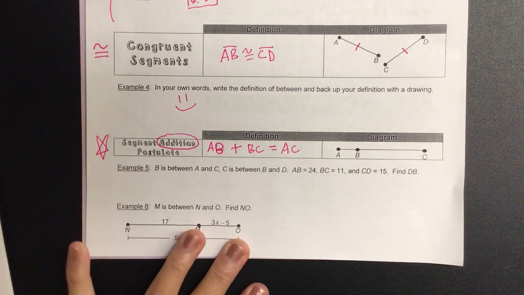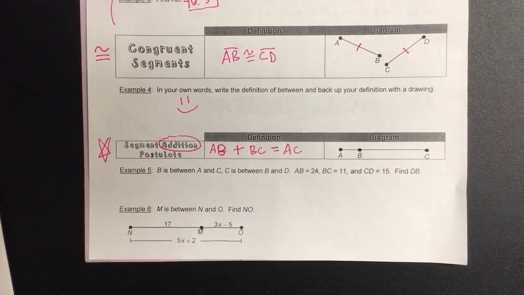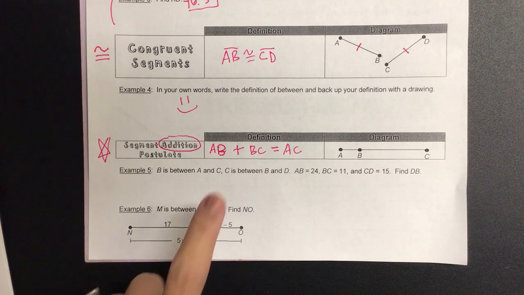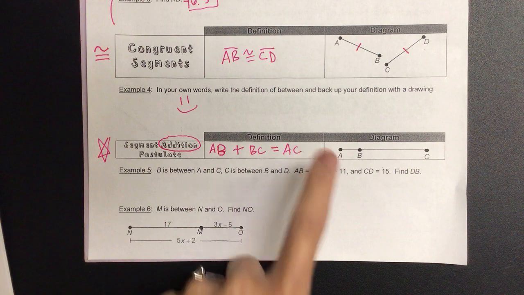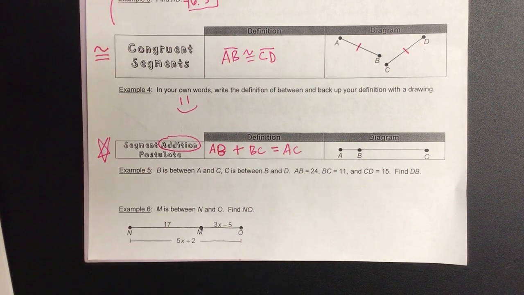I want to be picky about this one. When you are adding, do you add pictures or do you add numbers? We add numbers. Because we're adding numbers, do I need the segment symbolic notation above it? No. Okay? So then let's actually apply that.